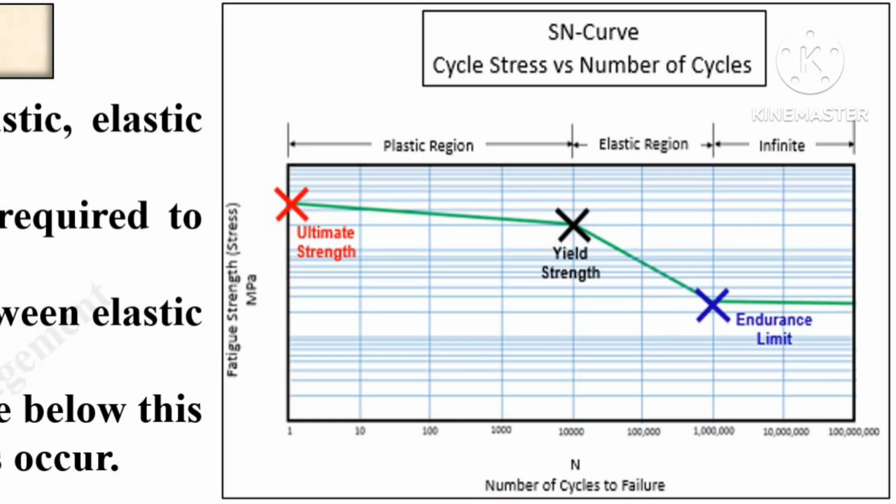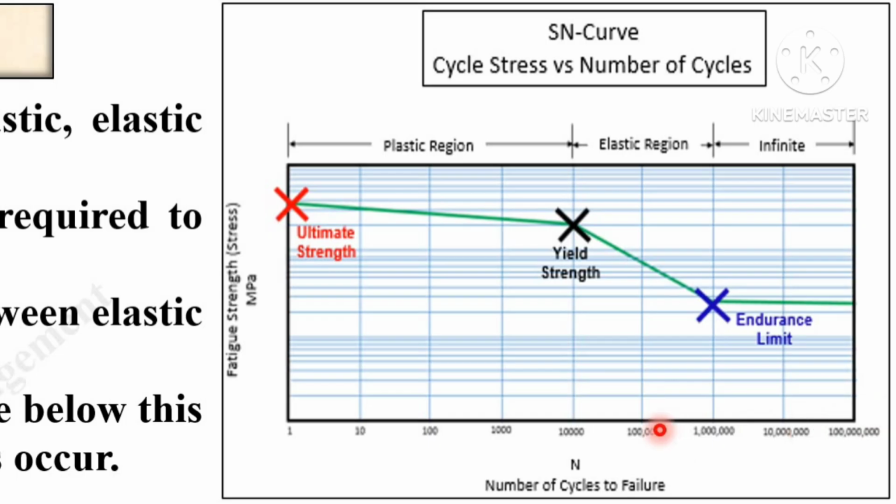So you can say the endurance limit is the stress threshold, the value of the stress below which the material can endure essentially unlimited number of cycles. Here you can see there is a flat line.